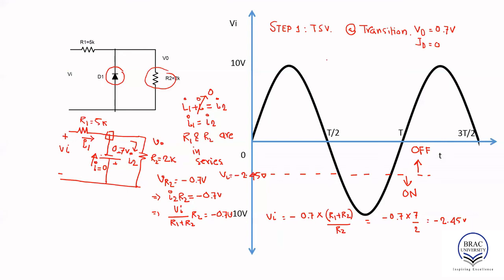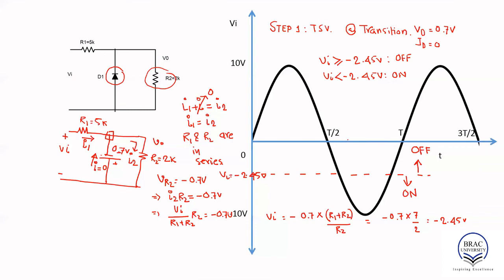So I can write Vi greater than or equal to minus 2.45 volt, diode is off. And then Vi less than minus 2.45 volt, diode is on. So this way we have found out the range of voltage for which the diode is on and the diode is off.